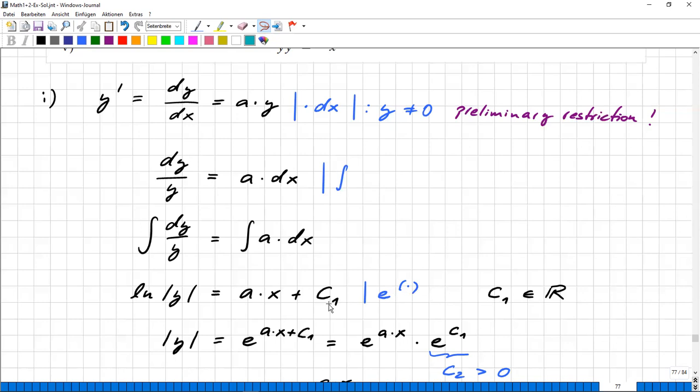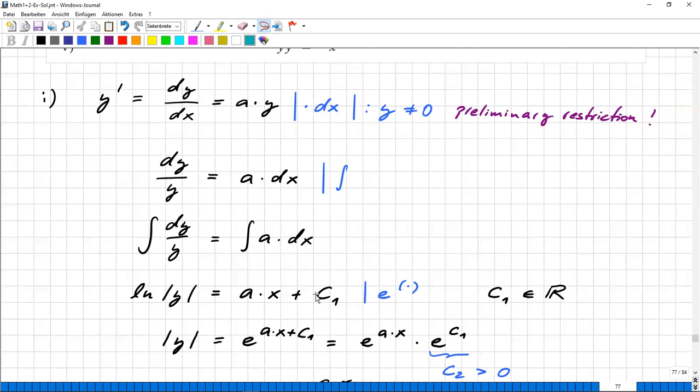Now, what do we have to do? We have to isolate y. And to do so, we just take the exponential on both sides just to cancel this logarithm, as you know. So e to the power of ln of something cancels out, and the argument stays there. It's still absolute value of y.